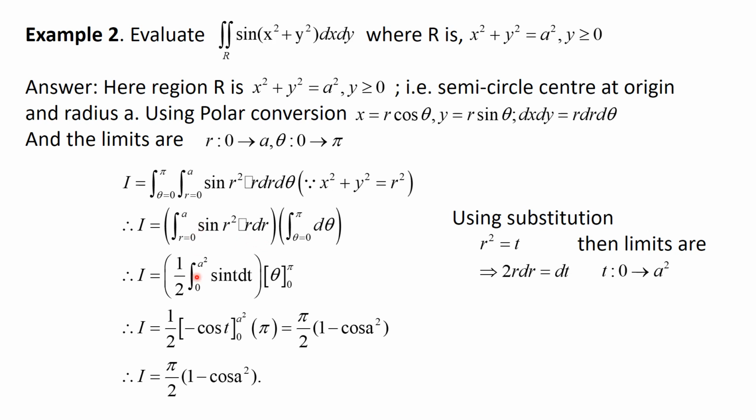So our integral turns to the integral from 0 to a square of sin t dt, where r dr is replaced as dt upon 2, times the integral of d theta from the limit 0 to pi. The integral of sin t is minus cos t, substituting the limits 0 to a square and simplifying the result further gives the value of the integral as pi by 2 into the bracket 1 minus cos a square.